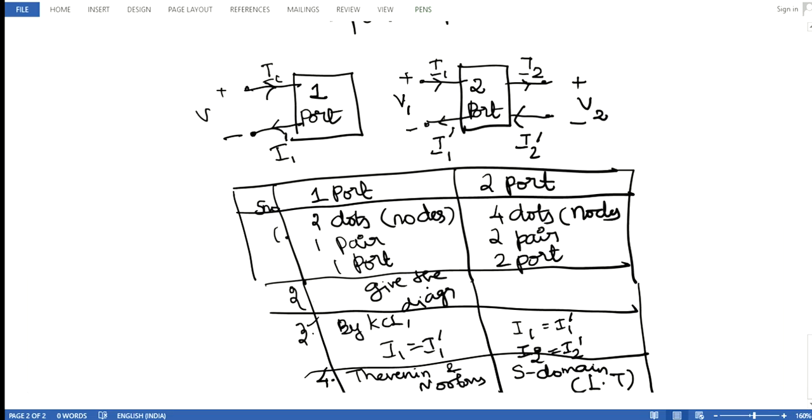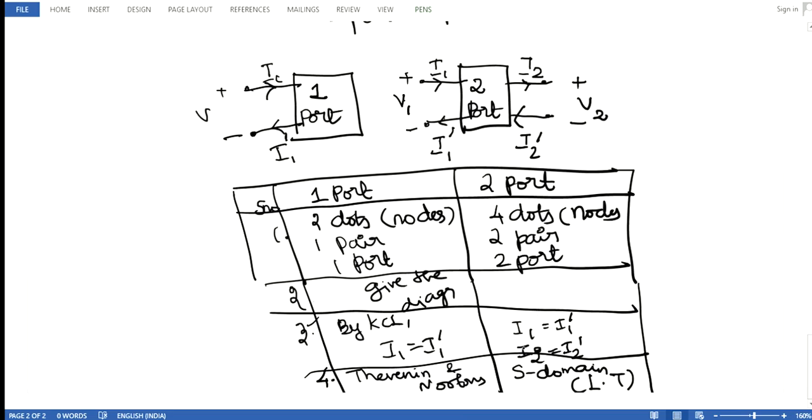So the first difference: two dots, one pair. Dot's another name is node and pair's another name is port. And here it is four dots, two pairs. Second one, draw the diagram. Third one, by KCL you can tell for one port I1 will be equal to I1 dash because entering current will be equal to leaving current.